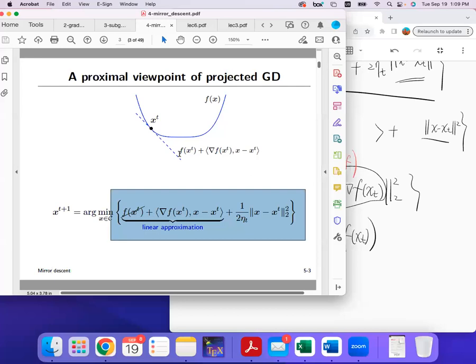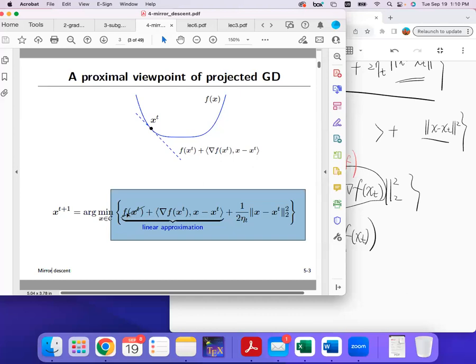Actually, all the optimization algorithms follow this key logic. Instead of working on the original problem, every time you construct a local approximation of the problem and solve this local approximation, the solution will be your next iteration. And once you go to the next iteration, again, based on that new point, you will construct a local approximation.